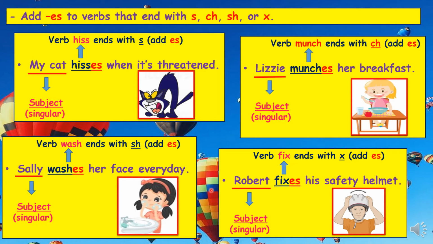Also, the last example, Robert fixes his safety helmet. Here, Robert is the subject and fixes is the verb, but fixes is originally fix. Why did we add es? Because it ends with x.